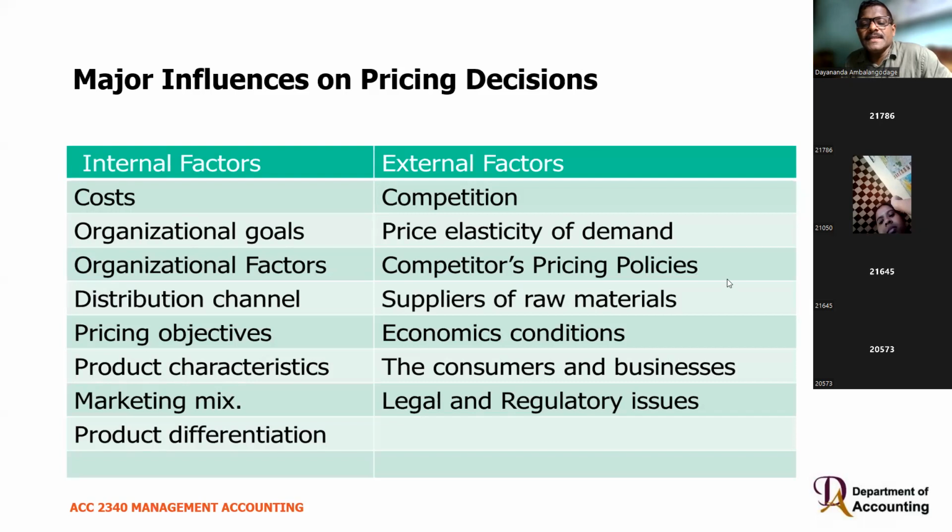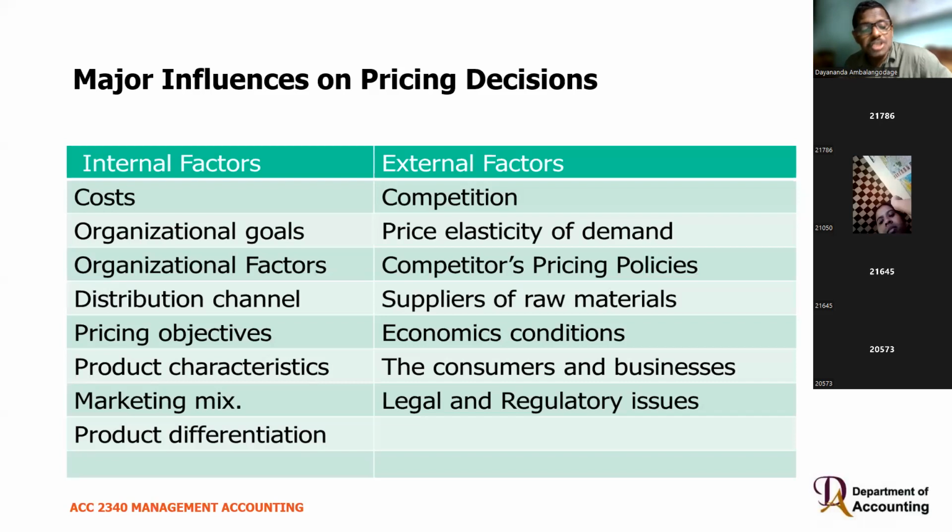Then the competitors' pricing policy also may have an impact, whether they are increasing prices. Then the suppliers of raw materials: nowadays, supplier prices are going up, so prices are going up, not just because of suppliers' pricing but even foreign currency issues.